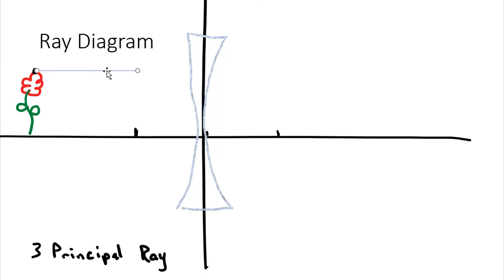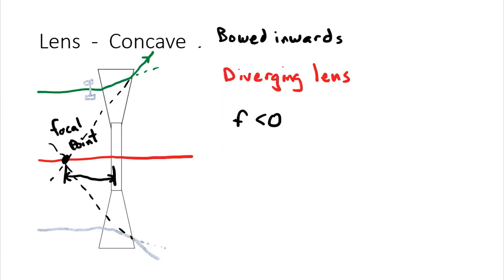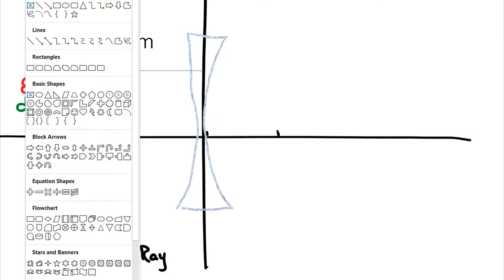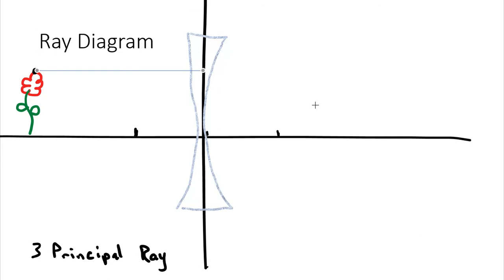And the first ray is still going to go horizontal, and we're still going to draw it to the center of the lens. Now, if we go back, we said this ray that was coming in horizontal was bent upwards such that if we traced it back, it would cross this focal point. So it's going to be the same thing. I know that the ray of light will get bent upwards.